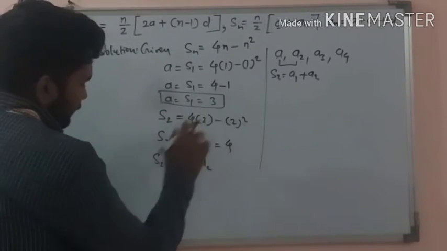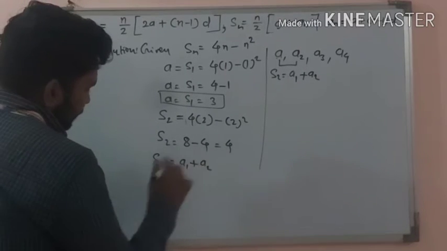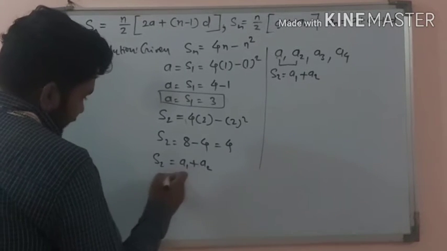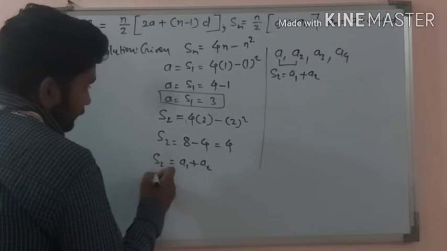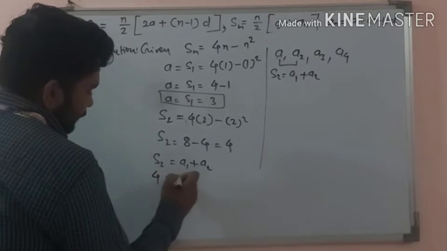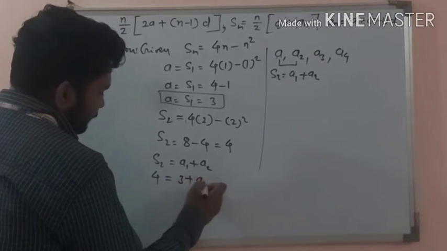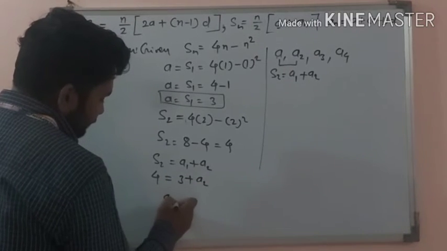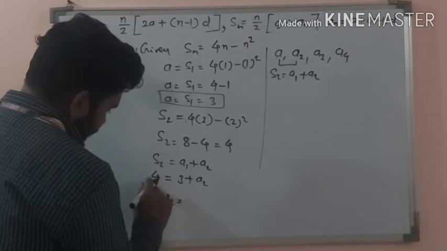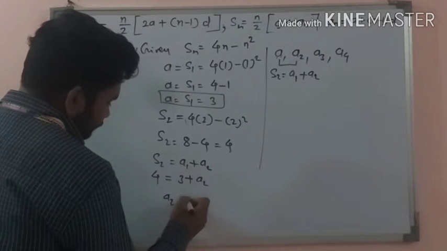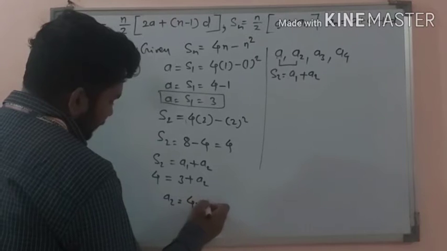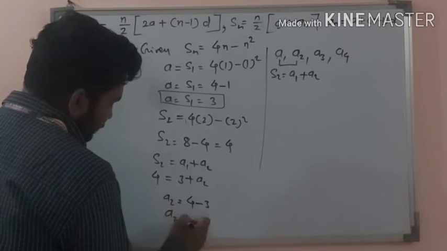A1 is this value, 3, and S2 is this value, 4. Put the values here: 4 is equal to A1, which is 3, plus A2. So A2 is 4 minus 3, that is, A2 is 1.